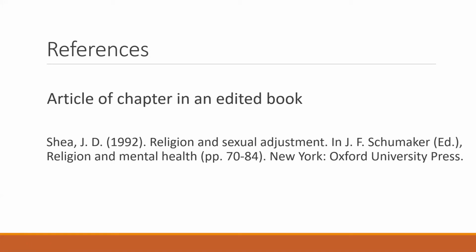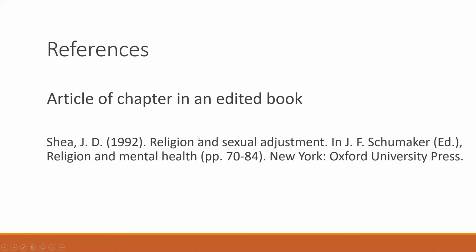We can also provide a reference for a citation for an article or a chapter in a book, right? And these books are published with a lot of really good information. Again, we have the author and the year. If this were to show up in text, you'd see Shea, 1992.